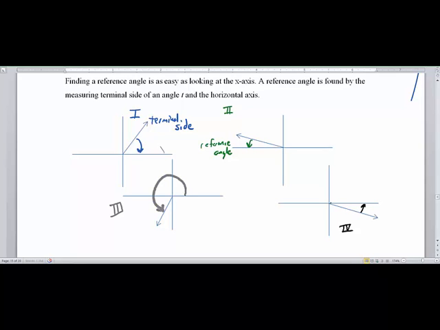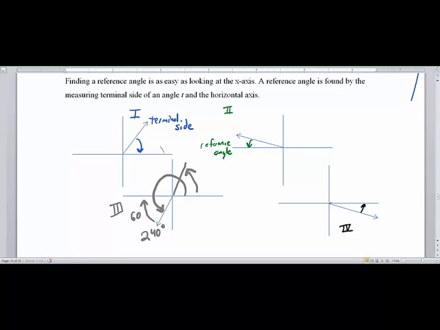You see how I traveled more than 180 degrees to get here? Perhaps I traveled, let's see here, how much? This looks like it's about a 60-degree angle, right? 60 degrees past the 180. So it looks like I went 240 degrees. Well, you would actually mark this as 60 degrees because it went 60 degrees to this x-axis. So this would be a 60-degree reference angle.